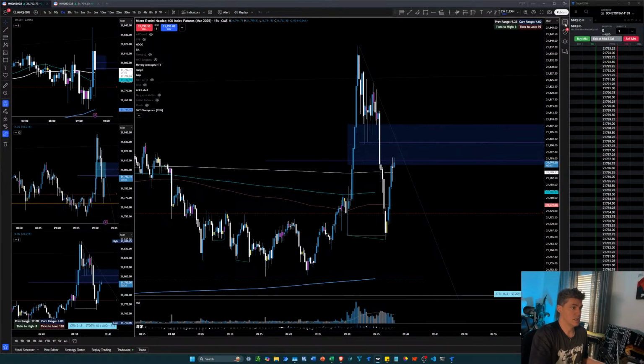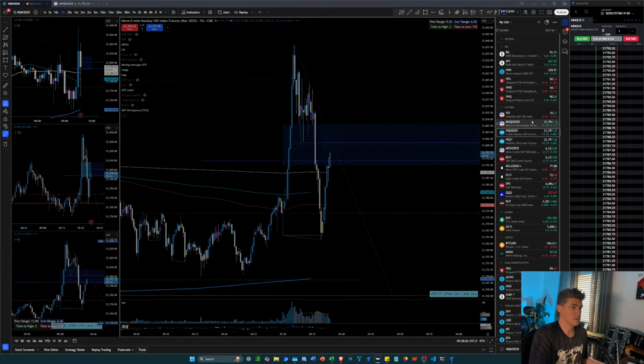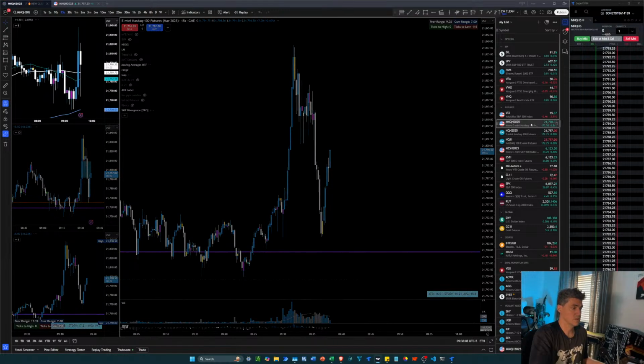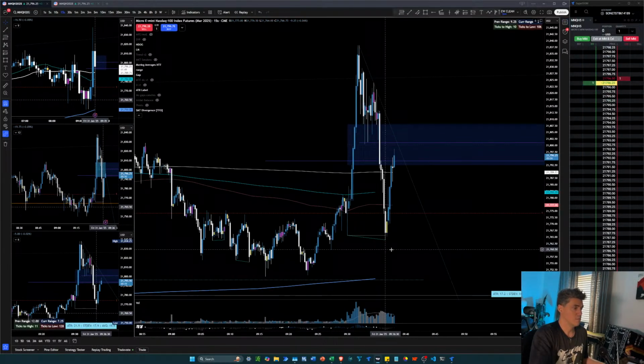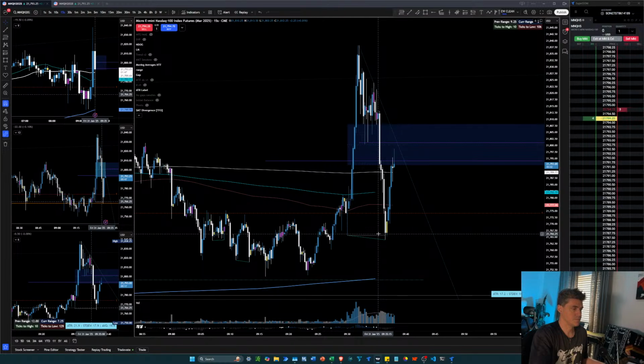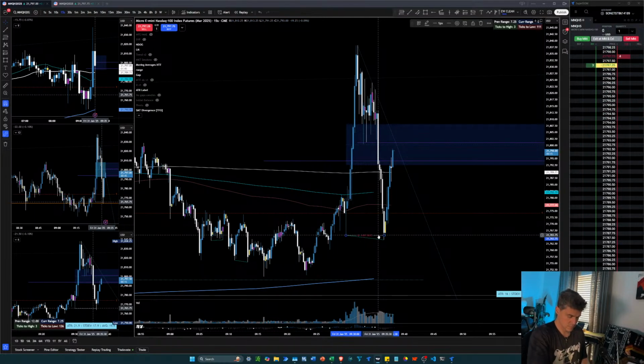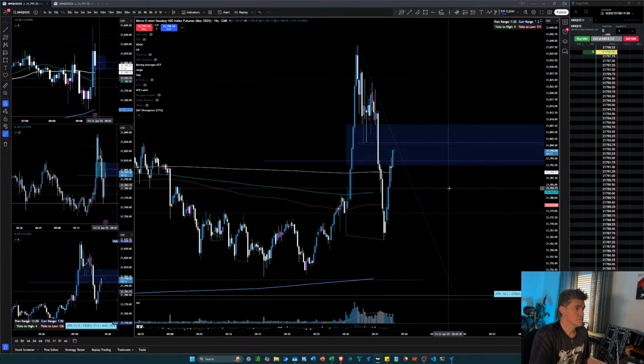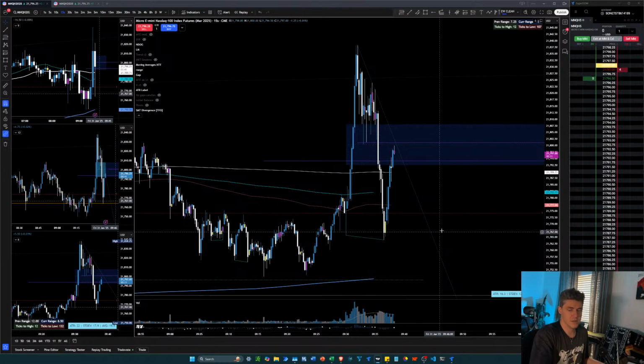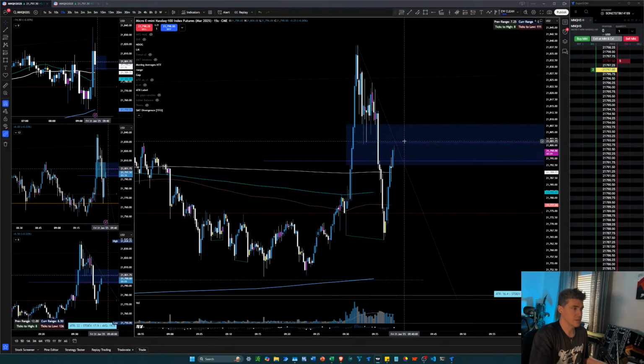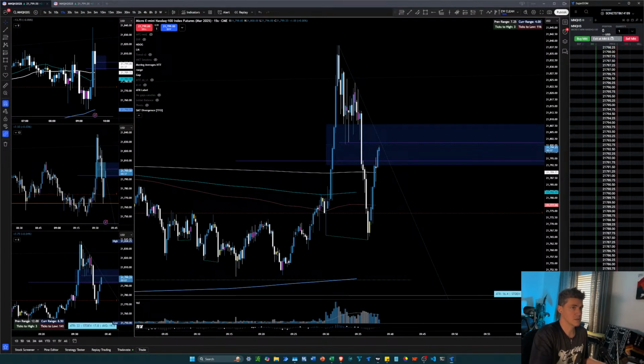So I actually like this for a long less because we didn't take it on NQ. I mean, I'm trading NQ. You know what I'm saying. This is the micro. I'm talking about the big boy contracts.